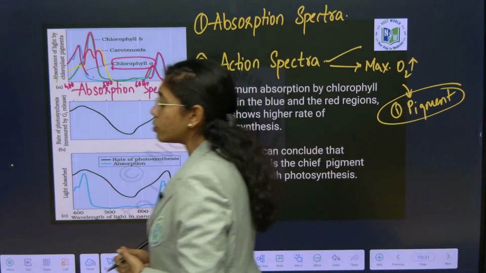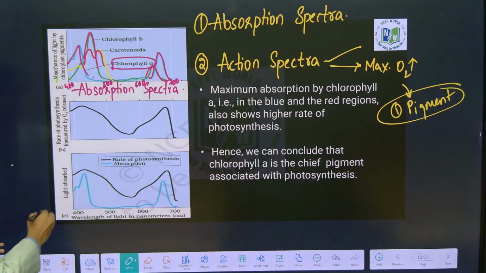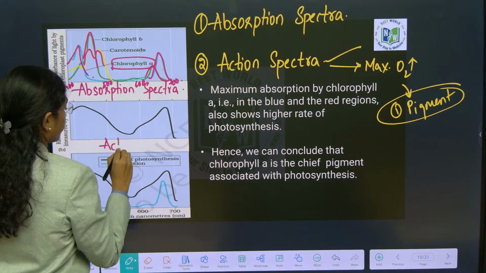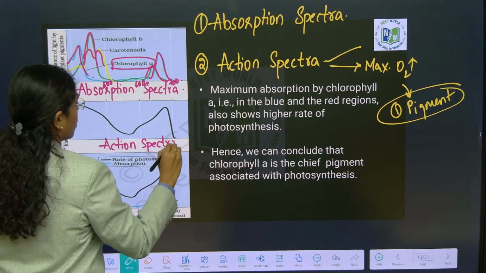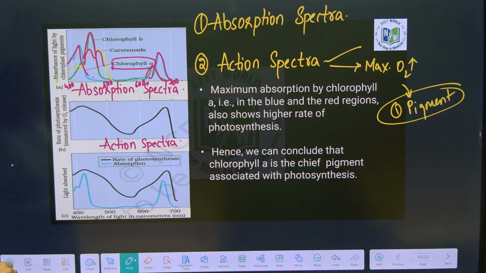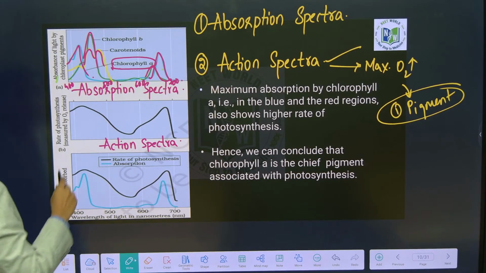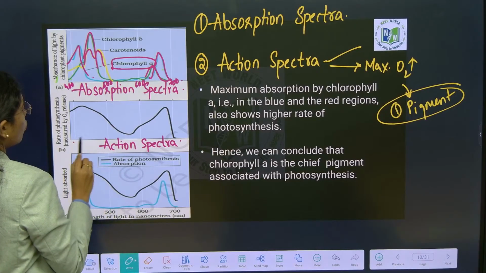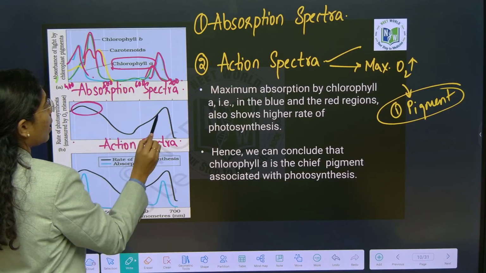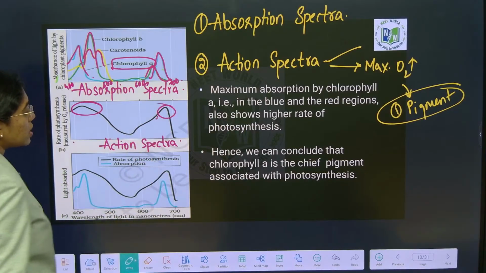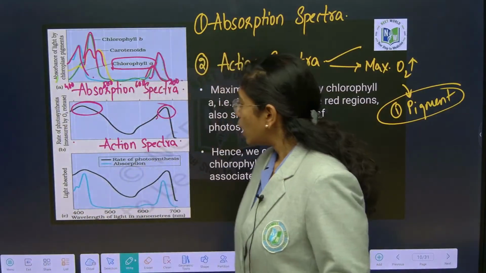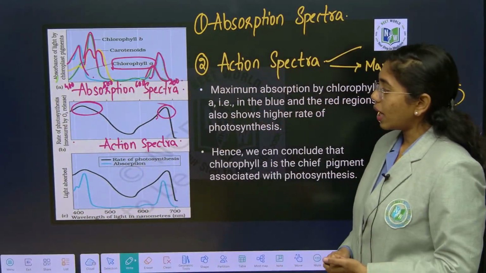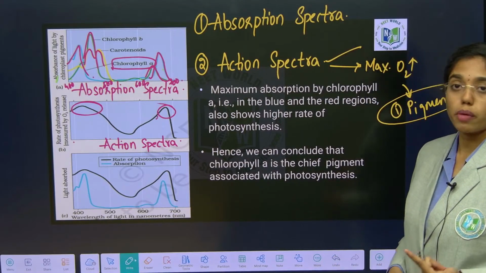And then if you see action spectra, here the rate of photosynthesis is measured by oxygen release. So here a single pigment will show two peaks, one in between 400 to 500 nanometers, and an equally high peak is observed in between 600 to 700 as well. So two peaks are observed for chlorophyll A. Now in the third graph you can observe the rate of photosynthesis and absorption of sunlight.